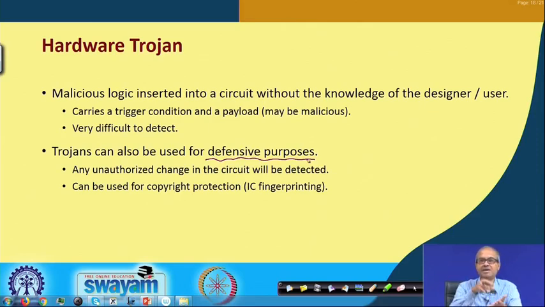So, you deliberately insert a Trojan yourself whose behavior will only be known to you. Someone else who is copying your design will also copy the Trojan along with that. So, whenever the Trojan wakes up, that person will not know what to do with that Trojan. So, the circuit will become unusable. And also, as I said, this is used for copyright protection, sometimes it is called IC fingerprinting.